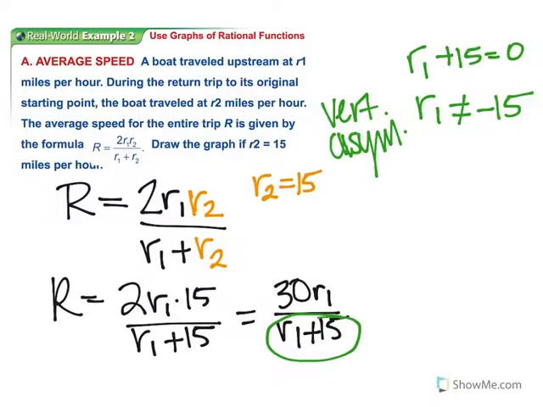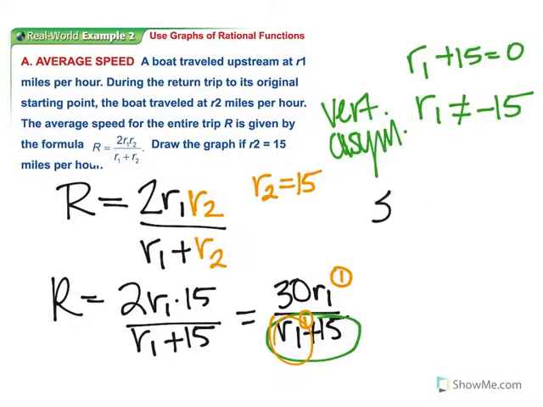The next thing we want to do is look for our horizontal asymptote. So I see I have 30 R1, which has a degree of 1. And then I also have R1, which is a degree of 1 as well. This becomes like case number 3 we were talking about, where our leading degrees are the same.